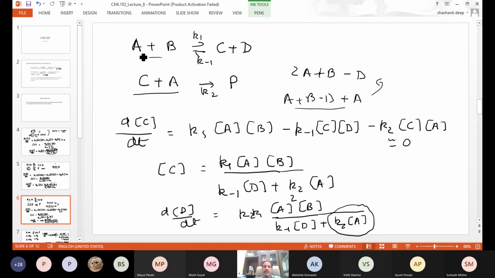dC by dt is K1 A into B minus K minus 1 C into D minus K2 C into A is equal to 0.